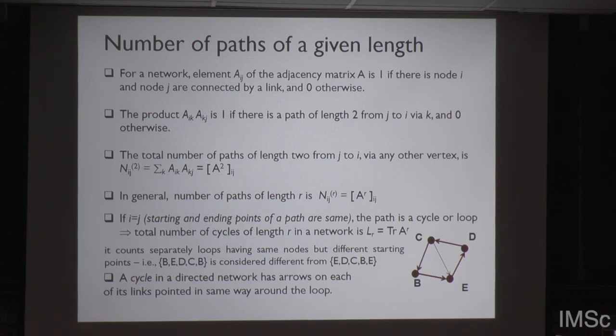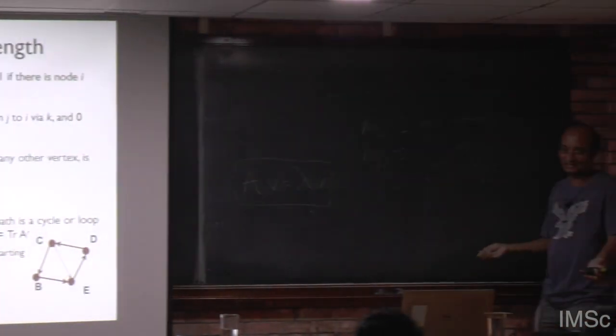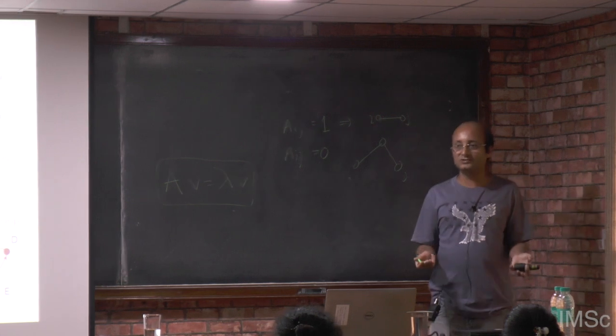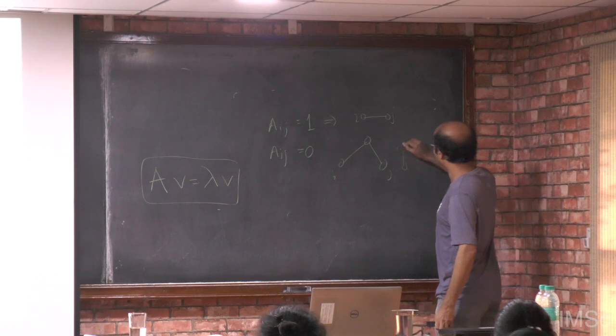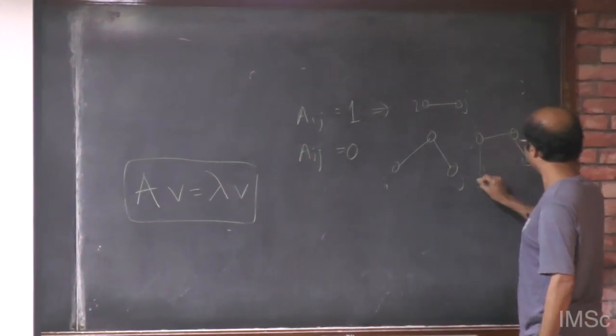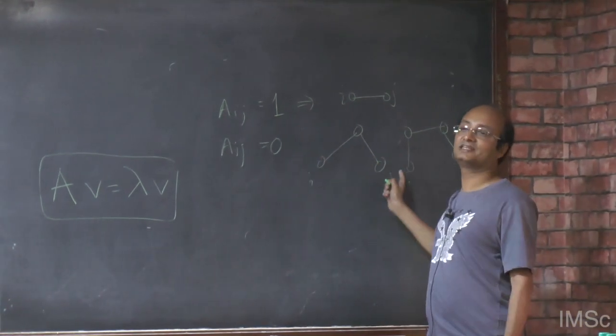On the other hand, if Aij equal to 0, it tells me that a connection does not exist from i to j, but I may be interested to know something like this, that although a connection does not exist from i to j directly, can I go from i to j via some intermediate node? So the question that we ask is, is it possible to find a path of length 2? Or for that matter, is it possible to find a path of length 3? Okay, and so on. So if I just focus on the adjacency matrix, this does not give me that information.